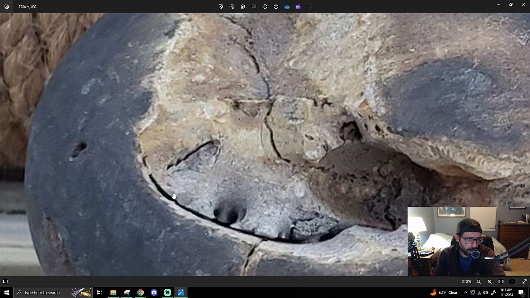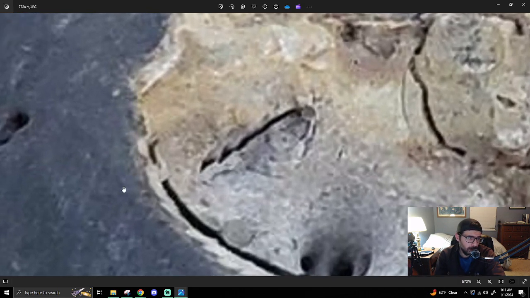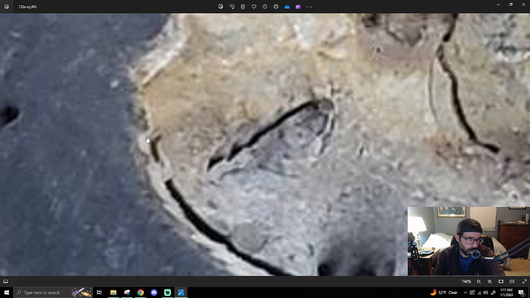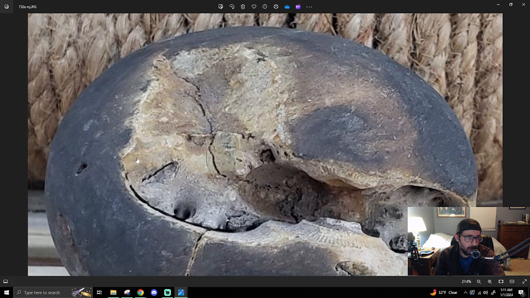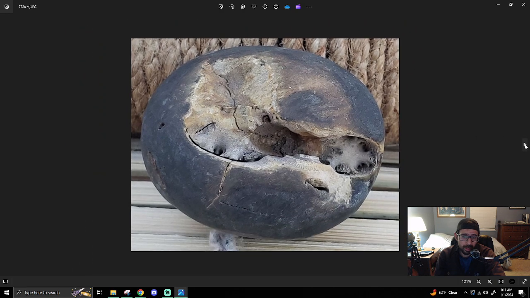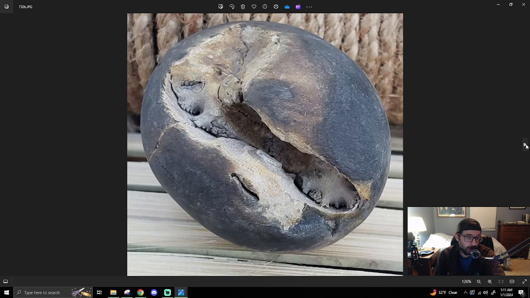A little gap in the gap. A little connection point. Let's see what else we got on this one. Very cool. Pretty much the same.